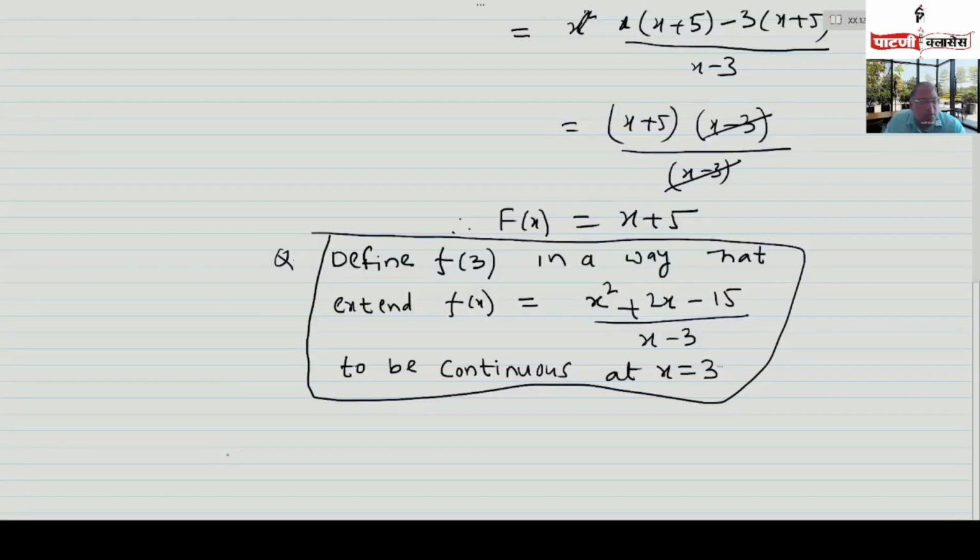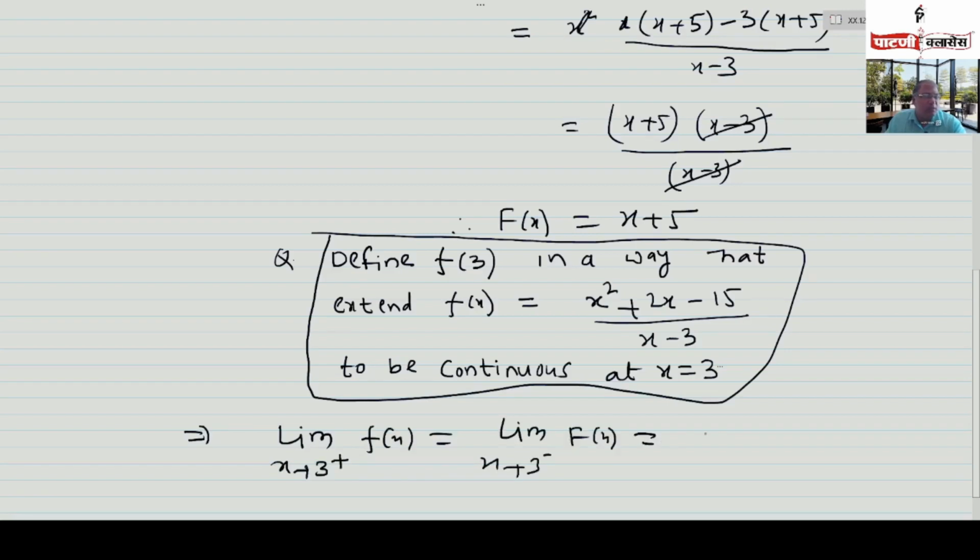As per the given question, f of x is continuous at x equals 3, which implies limit x tending to 3 plus f of x equals limit x tending to 3 minus f of x equals f of 3, and we are required to find the value of f of 3.